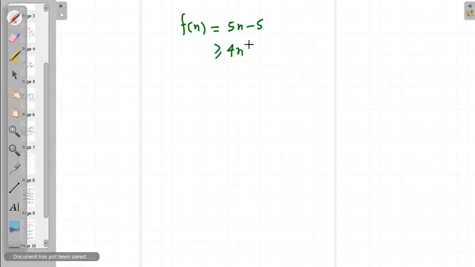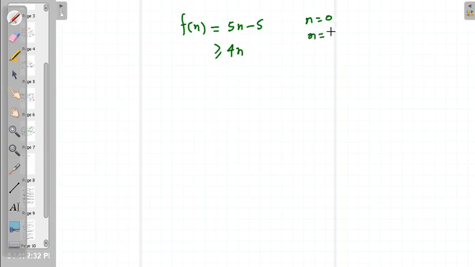Say this another example, if we take f(n) equal to 5n minus 5, so I can write that this is greater than or equal to 4n. If n equals 0, this becomes minus 5, greater or equal to 0, not satisfied.